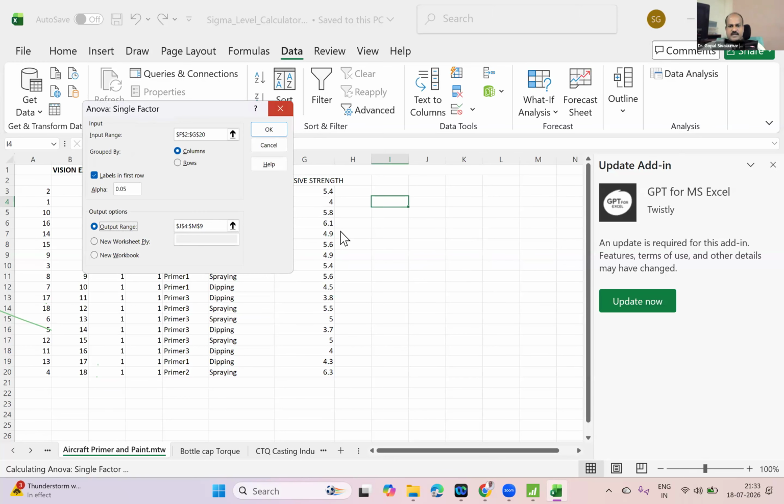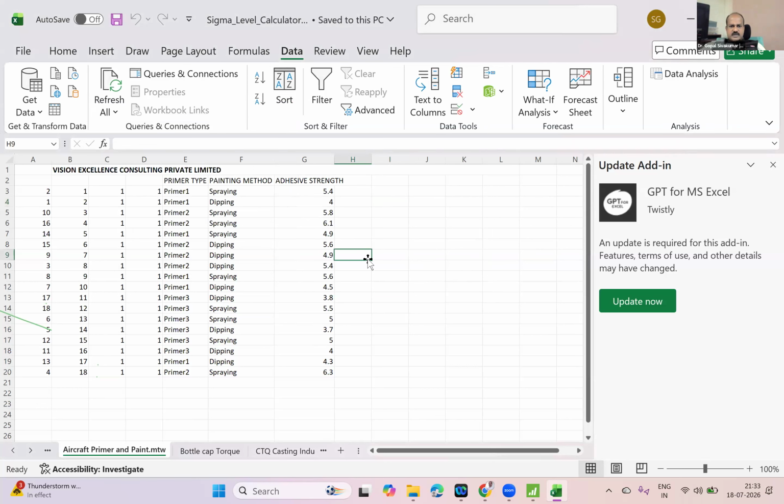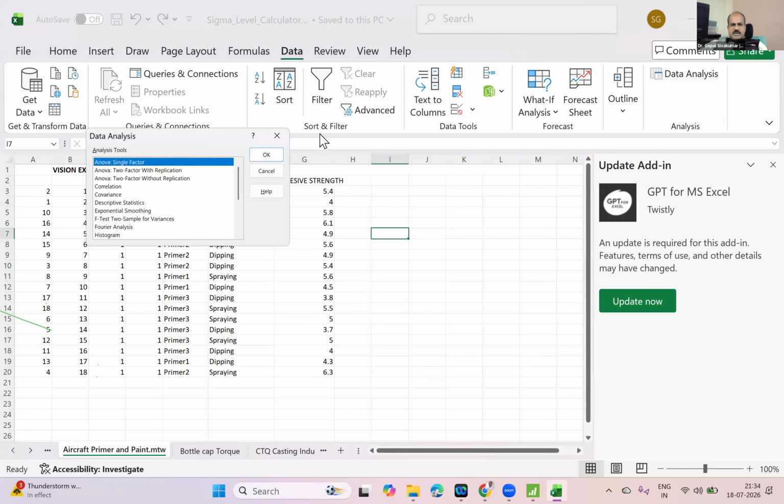Oh God, non-numeric data. I need to do it one more time.